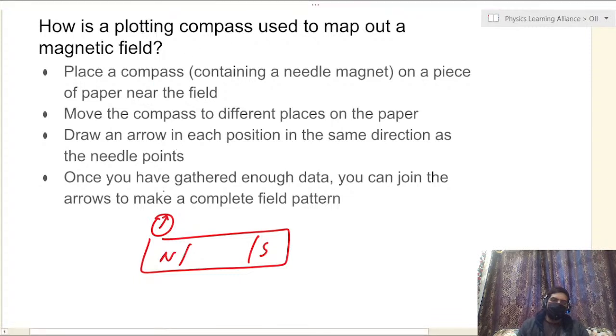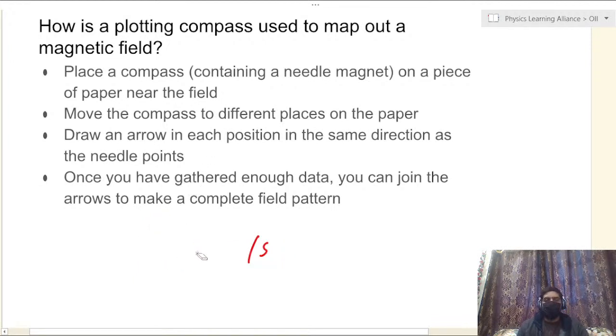Then you place a dot over there, then place the next compass or the same compass on that dot. The compass needle would point somewhere, put a dot over there, place the compass once again, then join all the dots, you'll get a field line. Then you do the same thing in different directions, and you will get a complete pattern of magnetic field.